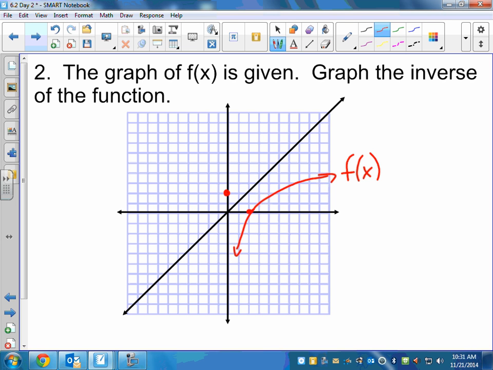Ish. 1, 3. Okay. And then just the same kind of shape there. I think I would count that right.